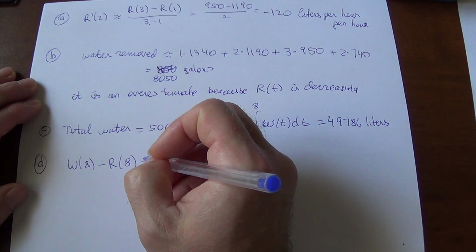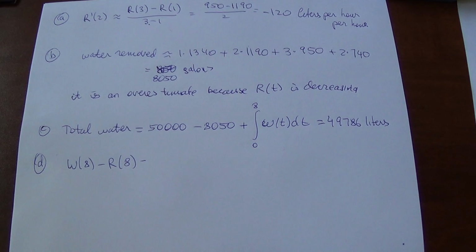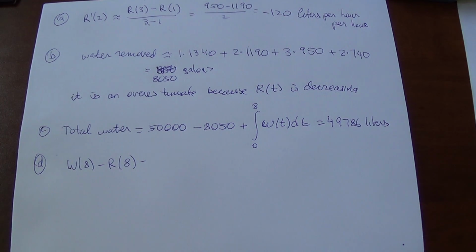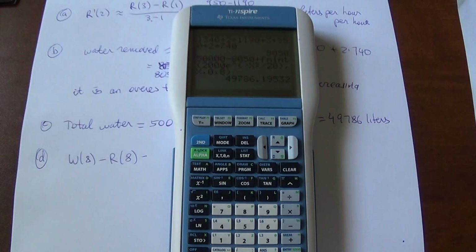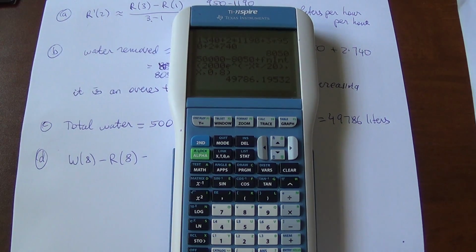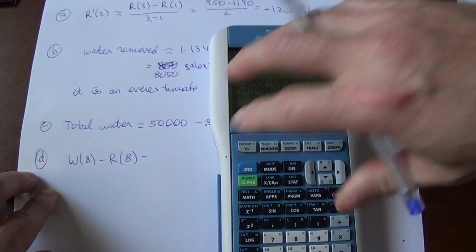We know that R of 8 is 700, and you can estimate the value of W of 8.